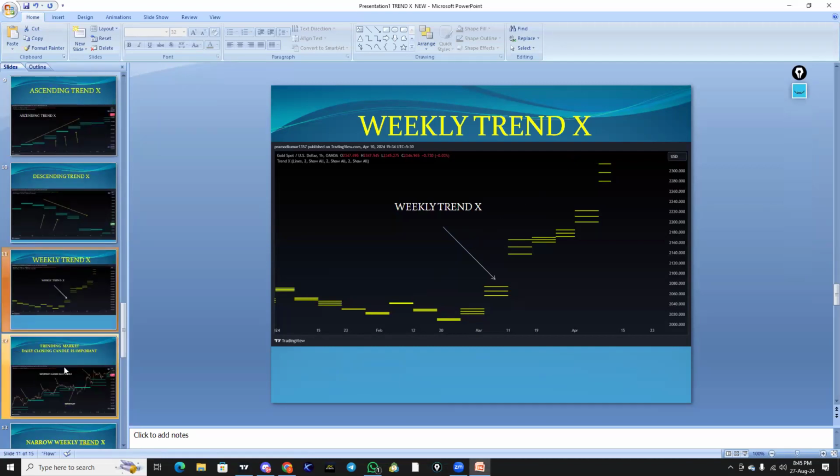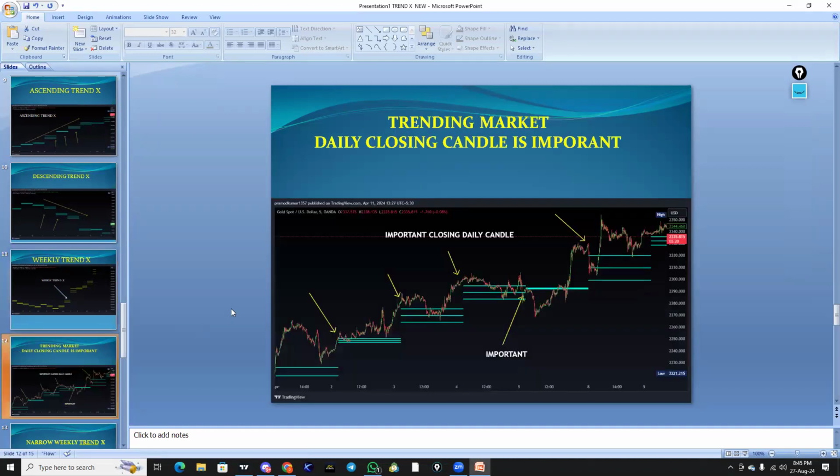So this is the same chart I showed you previously, without candles. Just try to understand here. Every day the market was taking support from these levels and going up. Immediately when we saw a narrow, super narrow trend X, it was below the daily trend X and it dropped.